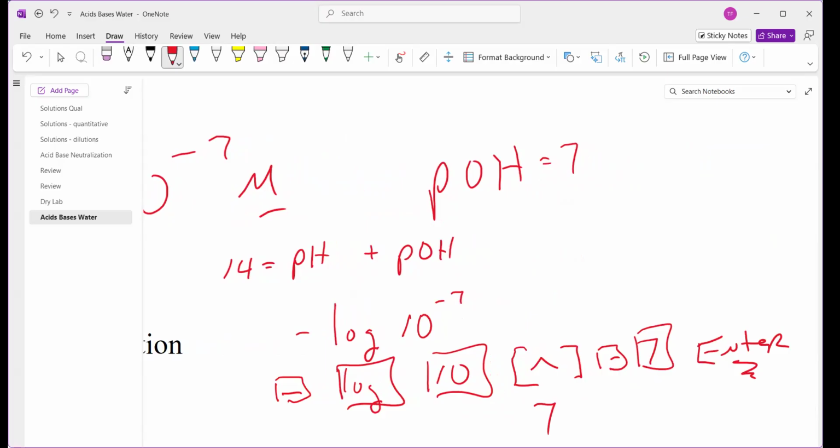Okay, it depends on your calculator. Sometimes you have to hit the log key first, then the number. In other calculators, you put the number down, then hit the log sign.